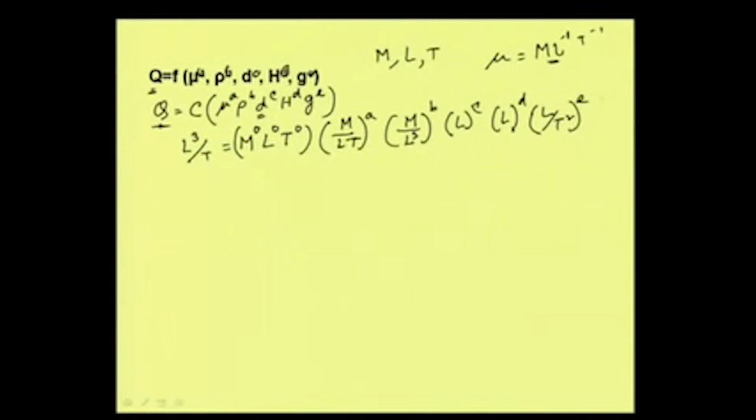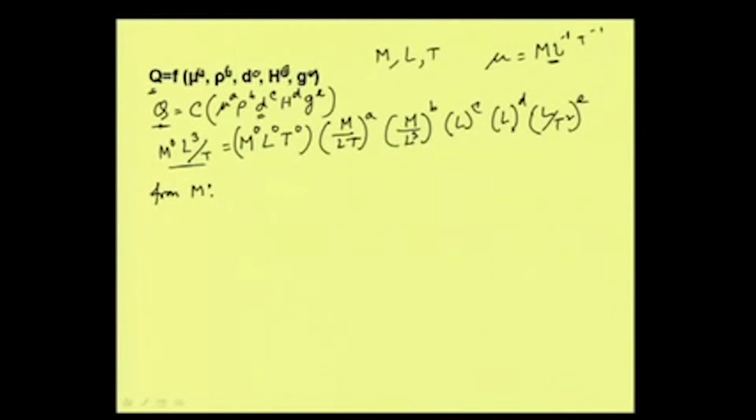Well, now let us equate the dimensions on the left hand side and right hand side, first on the basis of M. If we equate the dimension of M, on the left we do not have any M, which means M to the power 0 is there. Even if we write M to the power 0, there is no problem.